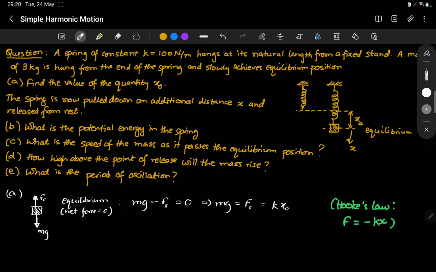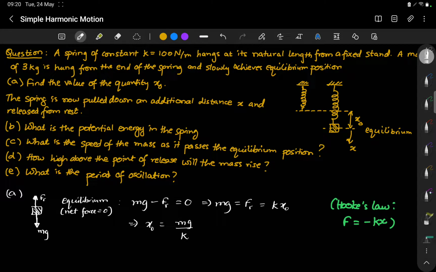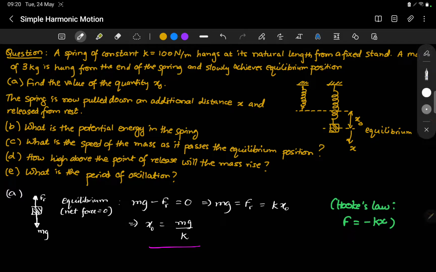So if we rearrange, we solve for x naught. X naught is nothing but mg by k. So this is the solution to the first problem. We can plug in the values. We have been given that mass is 3 kg.